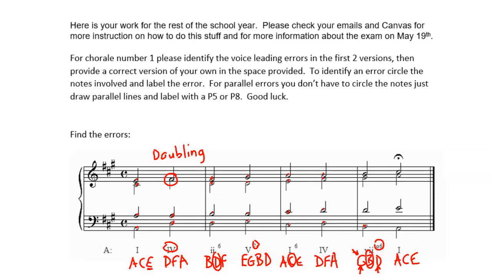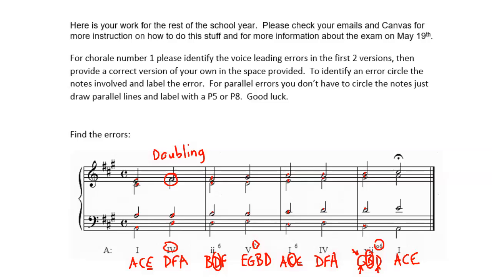That would be bad. And if you doubled the D, that's also a member of that unstable interval, and that sounds gross. So you have to double the B in the bass, which in this case we did in the soprano. So there's a G and a D to complete that triad.